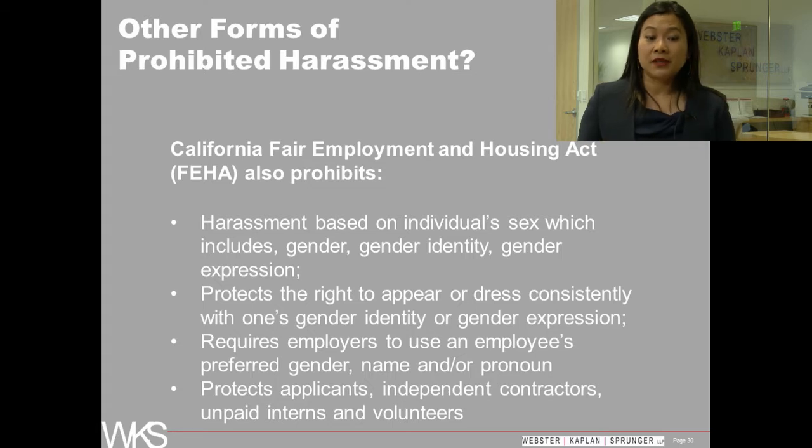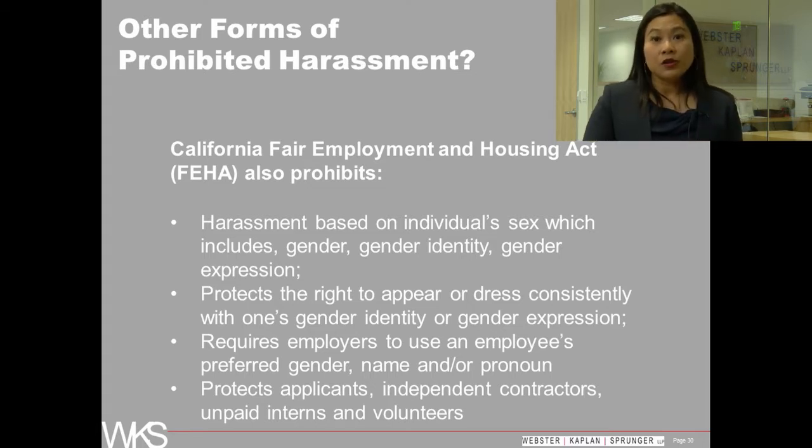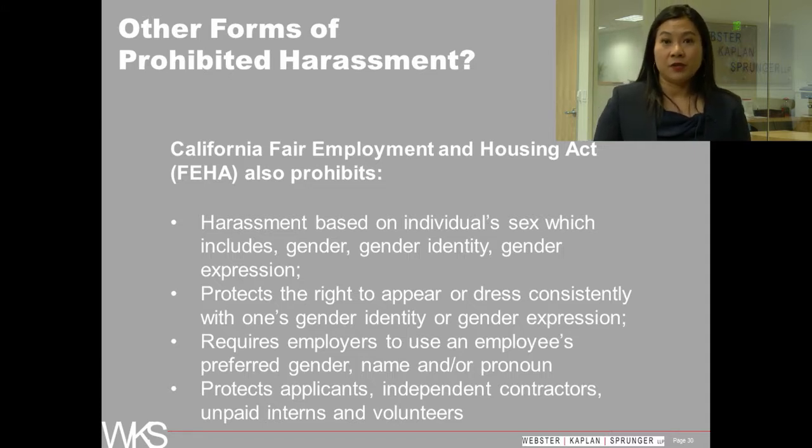It protects, for instance, the right to appear or dress consistently with one's gender identity or gender expression. It now requires, under California law, for an employer to use an employee's preferred gender, name, or pronoun. And it also protects applicants, independent contractors, unpaid interns, and volunteers from harassment or discrimination on the basis of gender, gender identity, and gender expression.